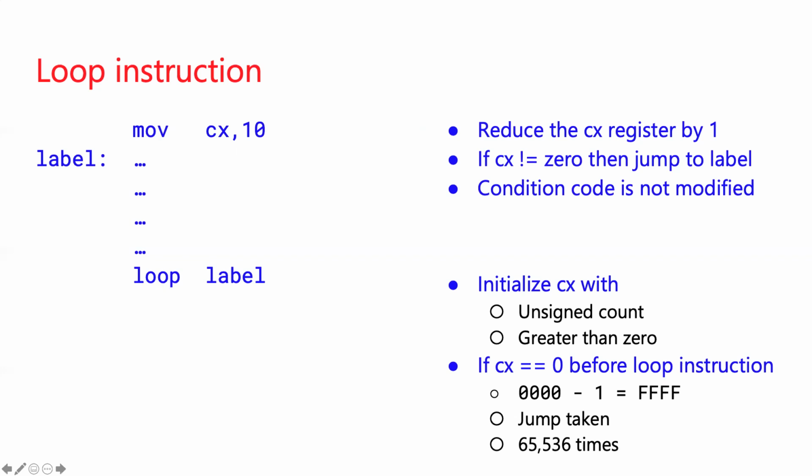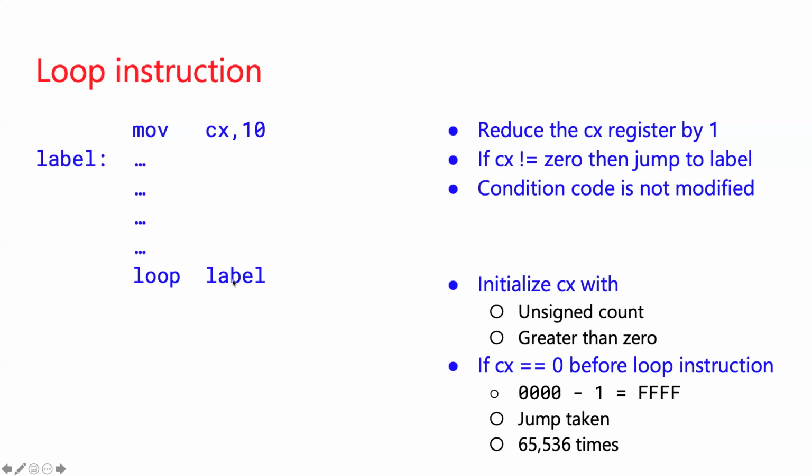And every time you hit the loop instruction, which is an assembly language instruction, it decrements CX. And as long as CX is not 0, it goes to whatever label you specify. So it's kind of like a conditional jump. It just also manipulates the value of CX at the same time. So if you start out the counter CX at 10, every time you hit the loop instruction, it'll decrement it.